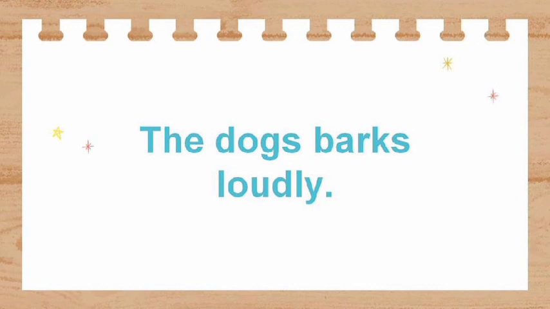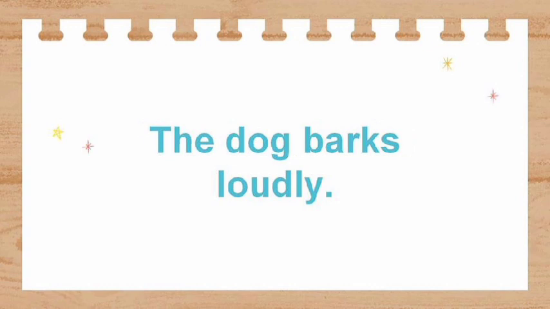Class, do you think this sentence is correct? The answer is no. But if the sentence is like this, the dog barks loudly, it is correct since it is singular. And if the dogs bark loudly, it is still correct since it is plural. Example of plural.